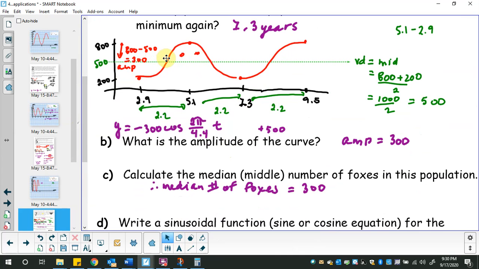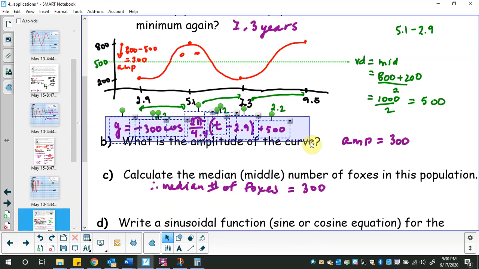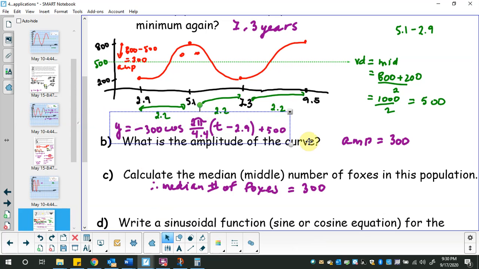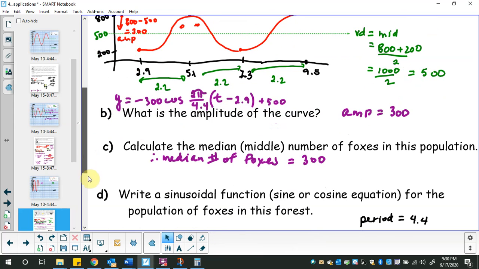It's moved over some. And we have to figure out how far it's moved over and in what direction, because this picture has a phase shift. So I need a bracket, I need a negative because it's moved right, and it's moved right to the 2.9 year mark. So this little purple blurb is something I got to glue together. And that is my equation.